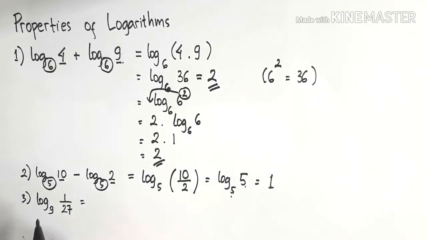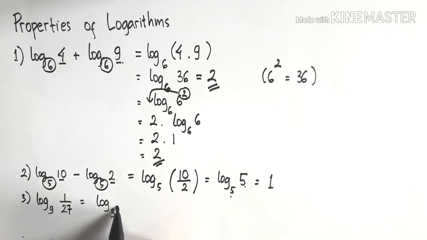Next question, log base 9 of 1 over 27. Okay. Now we change base and argument, we can write in exponential form. 9 is equal to 3 squared. 1 over 27 is equal to 3 to the power of negative 3.